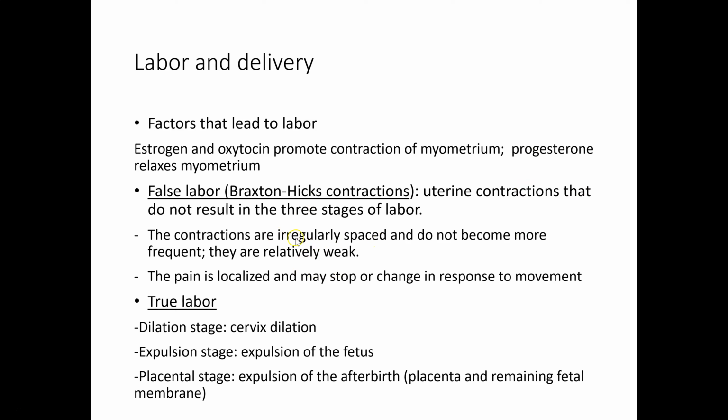It's irregular, meaning it doesn't come very often. You've probably heard that if your contraction is every 5 minutes, that's very frequent and regular, and that's a sign you're going into true labor. So the distinguishing feature between false labor and true labor is the frequency, as well as whether it's irregular or regular.